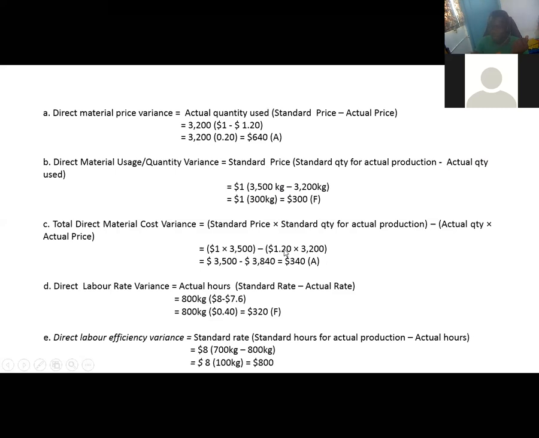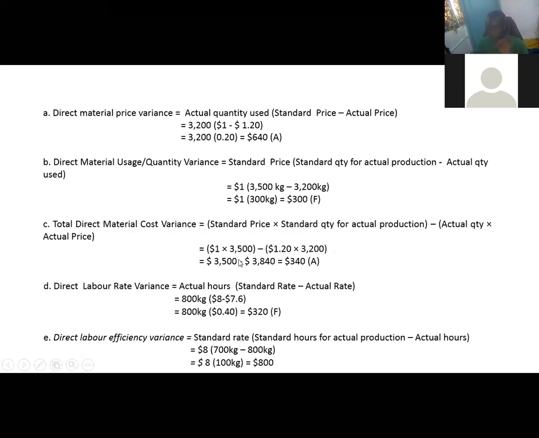Actual quantity. You go back to the question; the actual quantity that we had was 3,200 kg, times actual price. The actual price, when we did the calculation earlier, we had 1.20.